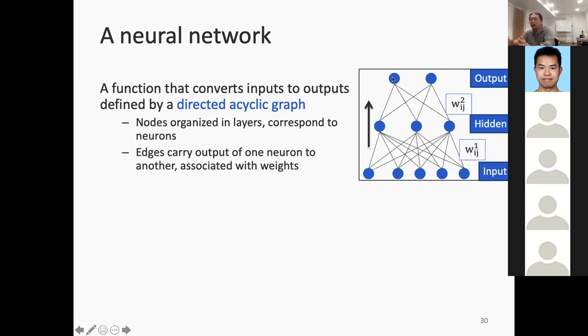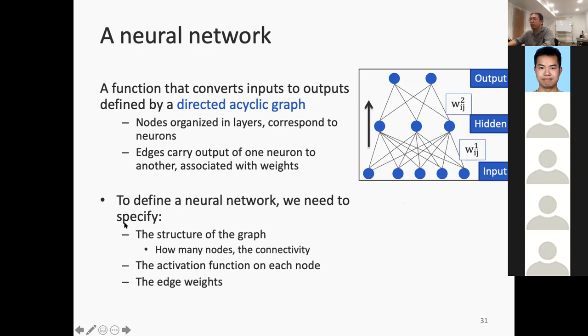But again, there's no strict restriction in the definition of the edges. You can definitely construct one edge from a node in the input layer to the output layer. This is called a skip connection. Each edge is associated with a weight. Later we'll introduce how we index those weights.